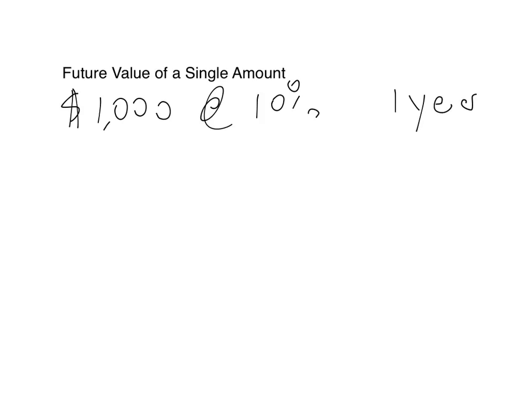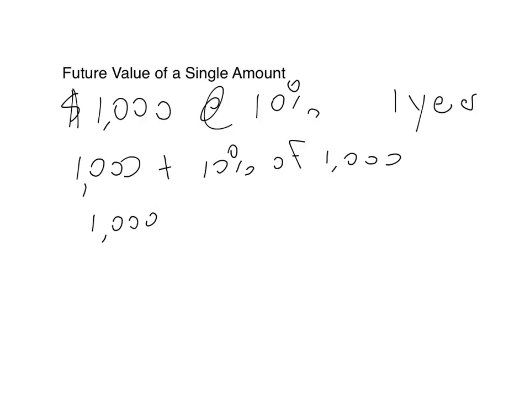Well, after 1 year, you will have the original $1,000, the principal, plus you will have accumulated 10% interest. So you will have the $1,000 plus 10% of 1,000. To put this in mathematical terms, you would have $1,000 plus 10%, which is 0.1, times 1,000.